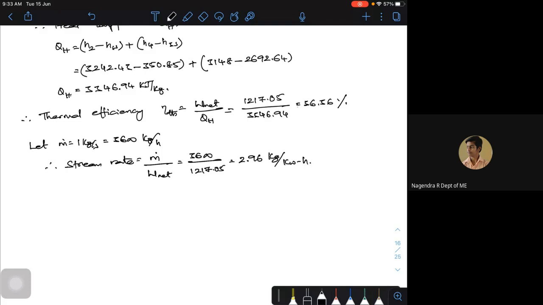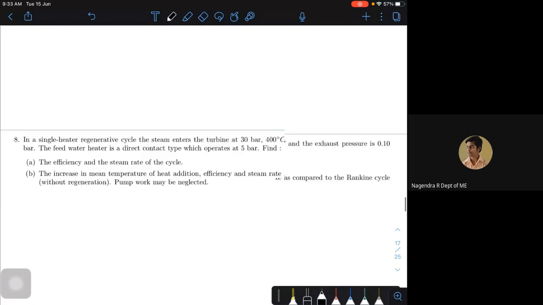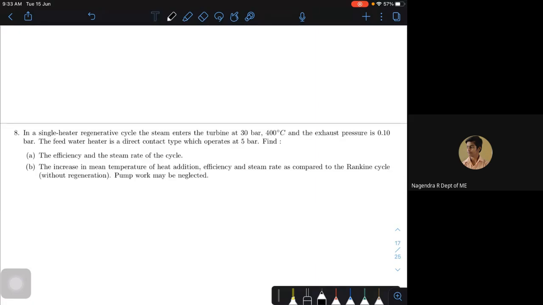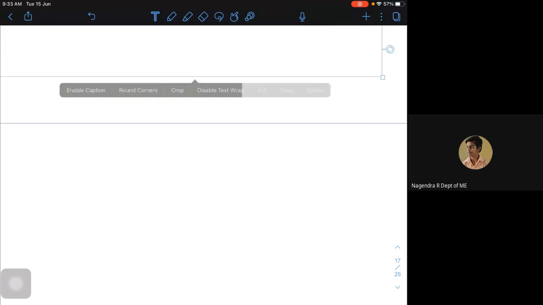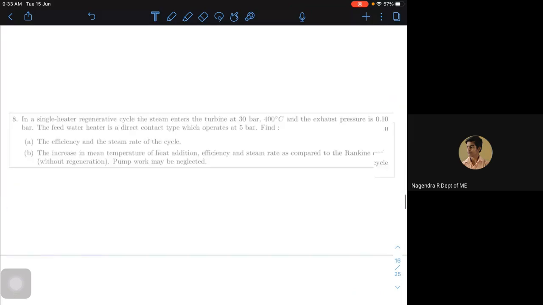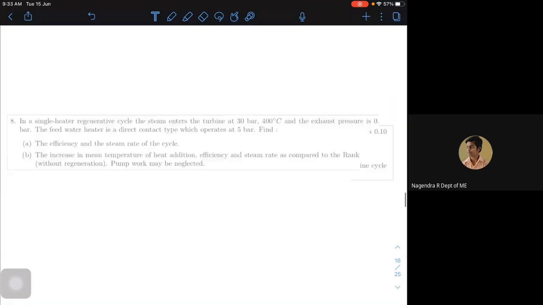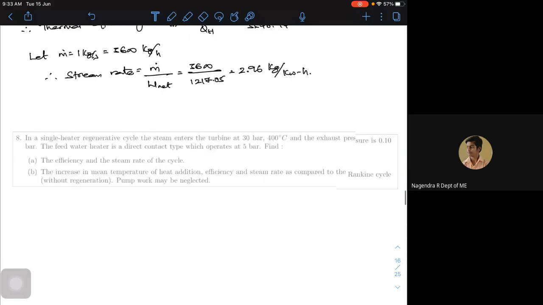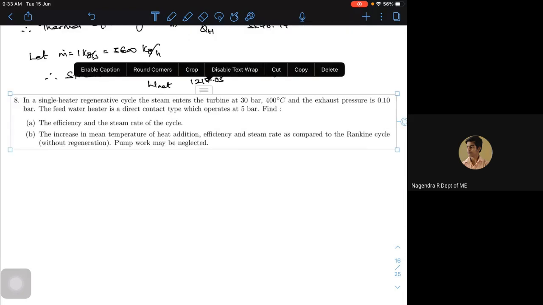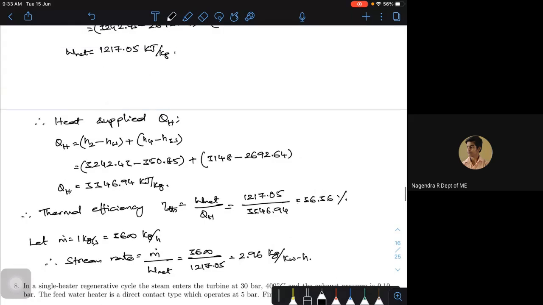Is that fine? Now let's try to solve one problem on regeneration. It will be easy. Any doubts with respect to the previous problem? The important thing is you should be able to check each and everything in your steam tables, whether it is enthalpy, entropy, or specific volumes.